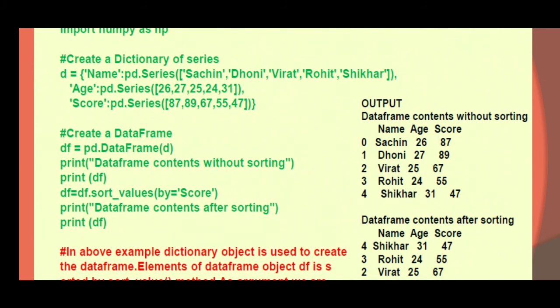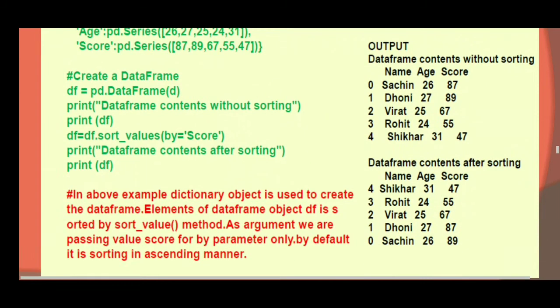Next one, df = df.sort_values(by='score'). Now we want to sort data in ascending order of score. So we have written df.sort_values(by='score'). When you print the data frame, it will arrange data in ascending order of score.